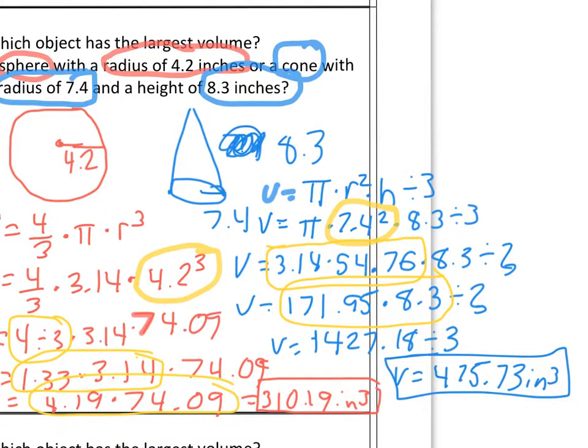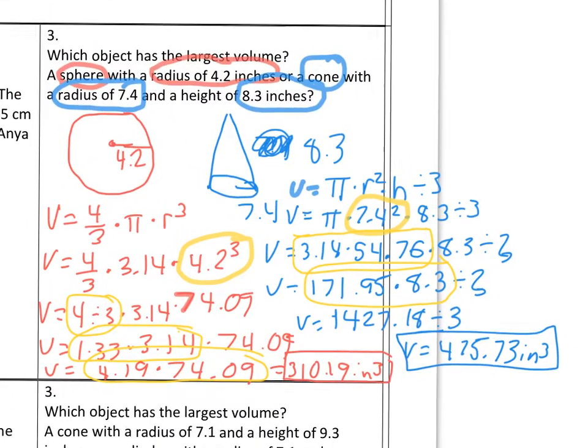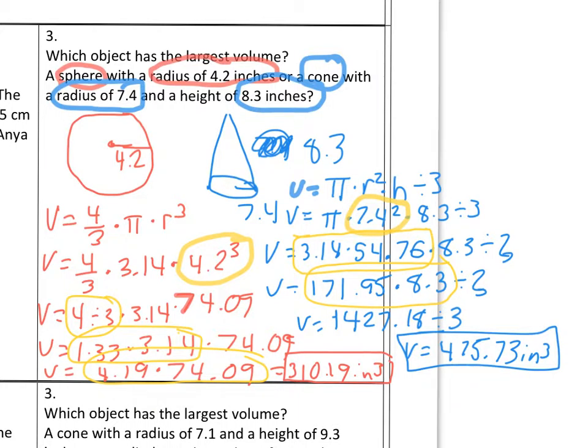Okay, now if you take a look back at the question here, the question originally asked, which object has the largest volume? So if I go back to my sphere right here, that came out to be 310.19. Where the cone, that volume turned out to be 475. So, to answer the question, which object has the largest volume?